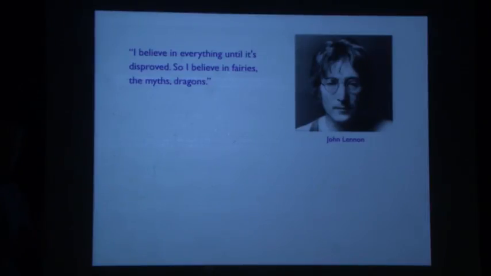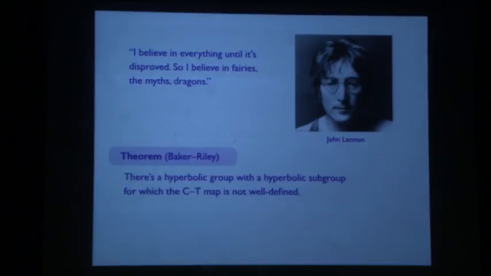It might be very painful and hard to prove that the craziness you think exists does exist, but anything goes. Working with Owen Baker, we did eventually prove there are examples of hyperbolic groups with hyperbolic subgroups where the Cannon-Thurston map fails to be well defined.